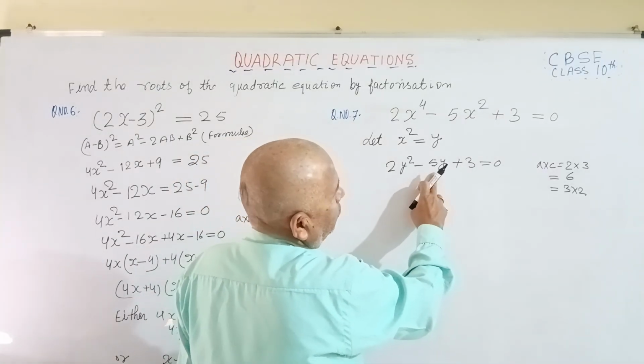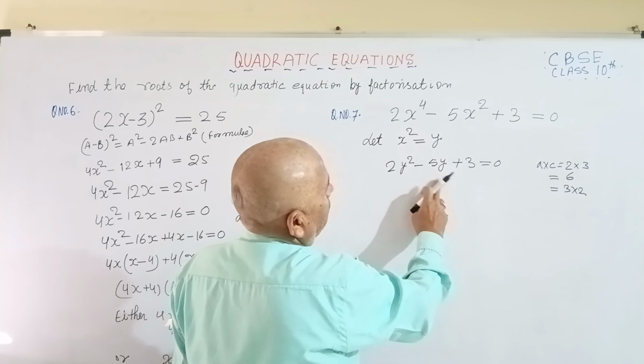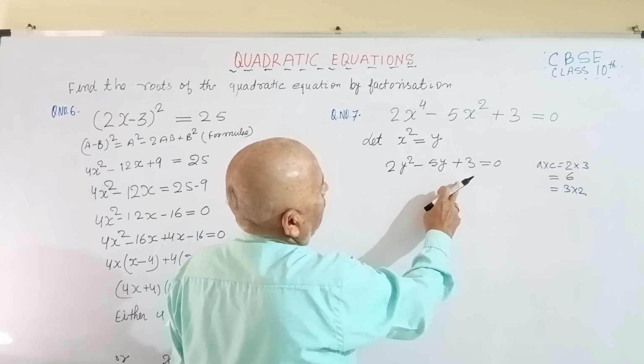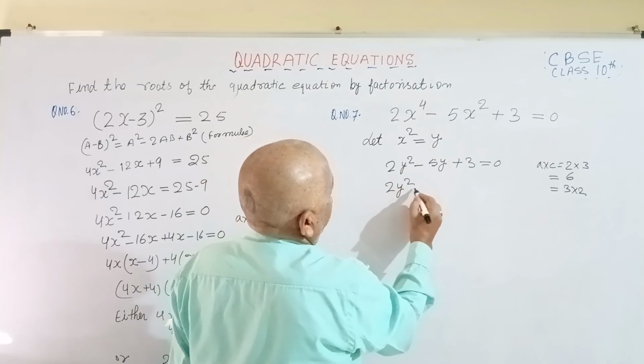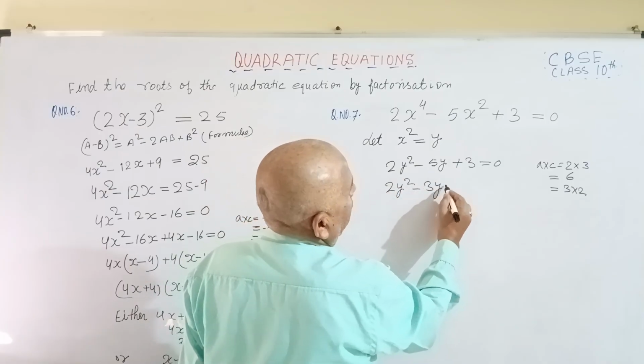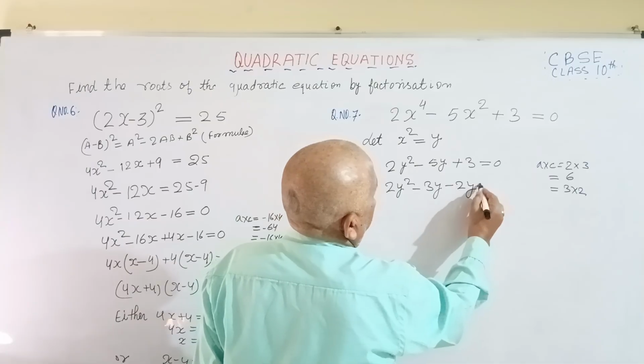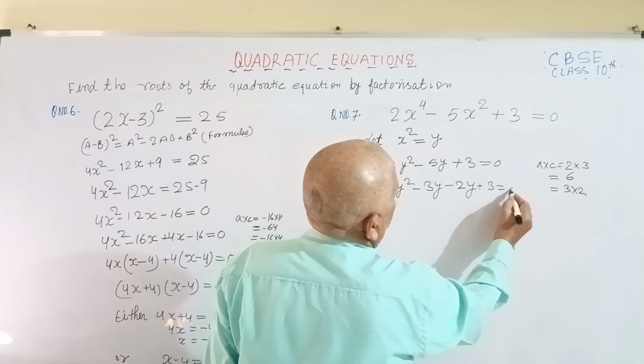Now here it is minus 5y, so minus 3 minus 2. So I will get 2y square minus 3y minus 2y plus 3 equals 0.